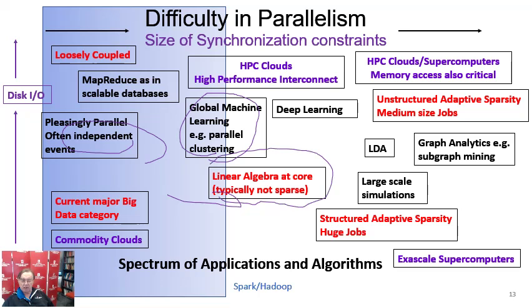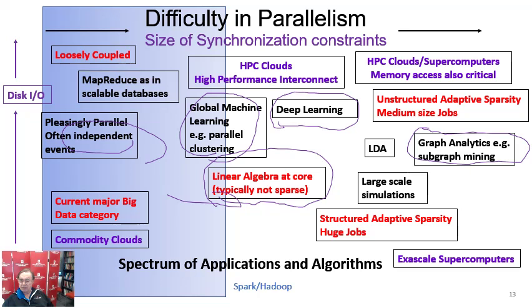Many of these machine learning algorithms, like PCA, are linear algebra at their core. Deep learning is also linear algebra at its core, but slightly more complex. Sparse matrices are often involved. And then we have really complicated algorithms, of which perhaps the worst is graph analytics.